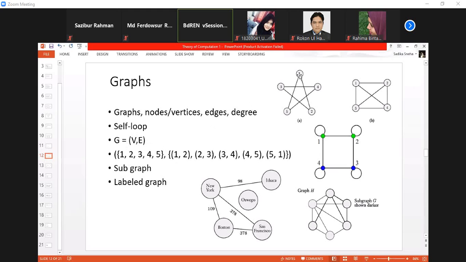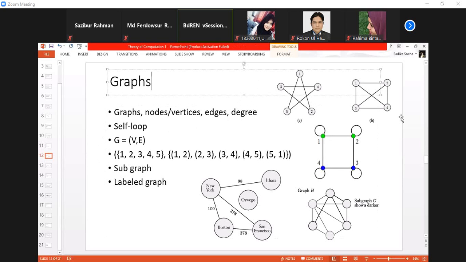So what are the edges? 1-2, 2-3, 3-4, 4-5, and 5-1 are the edges, represented within curly braces, and all of them together are put inside the outer brace.